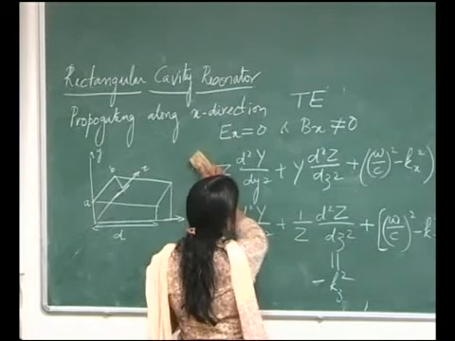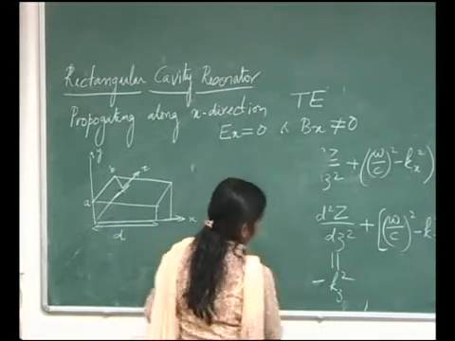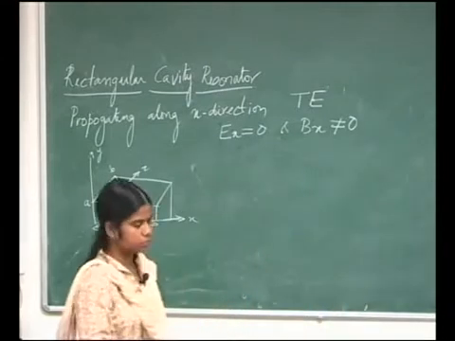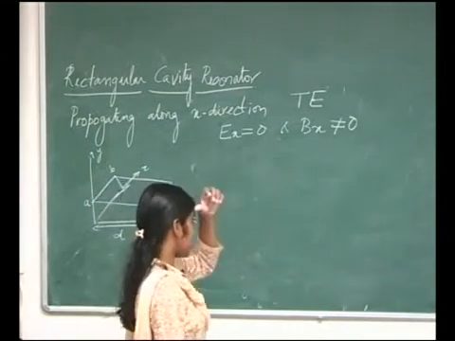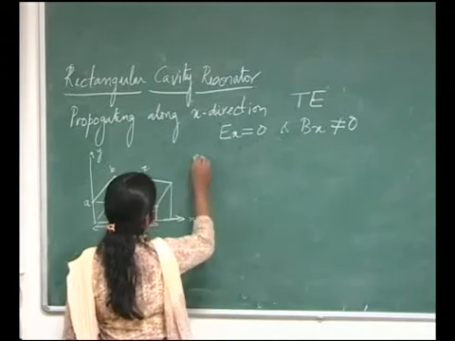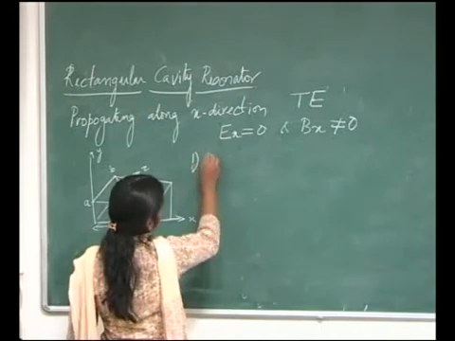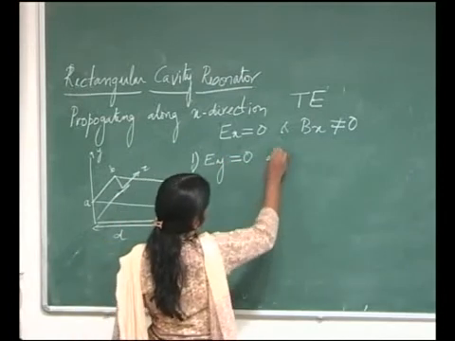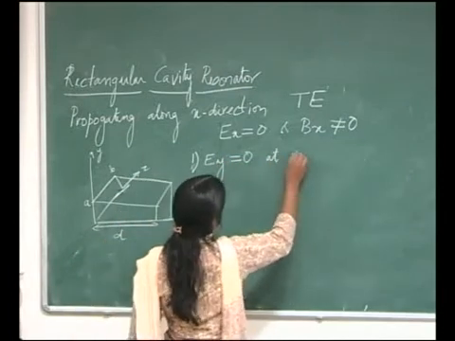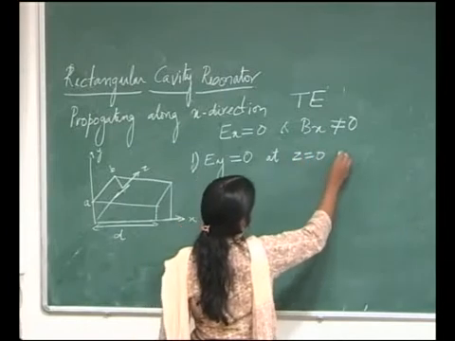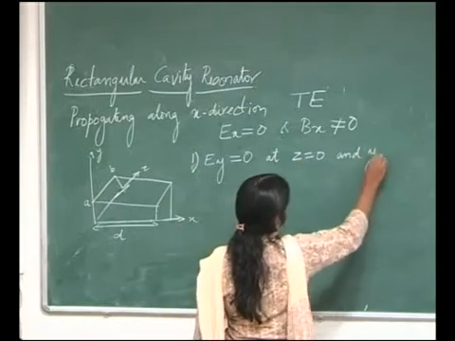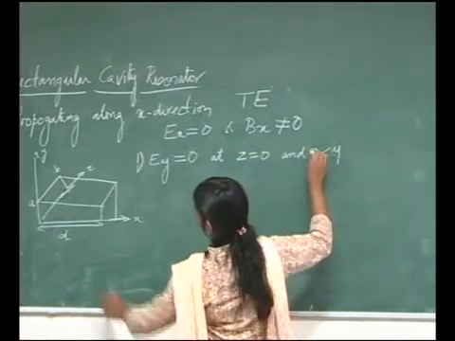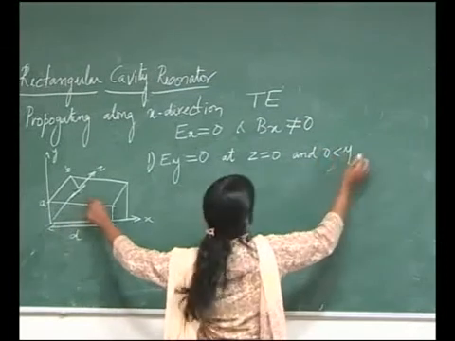So the first boundary condition would be that Ey is 0 at z equal to 0 and y going from greater than 0 to less than a.